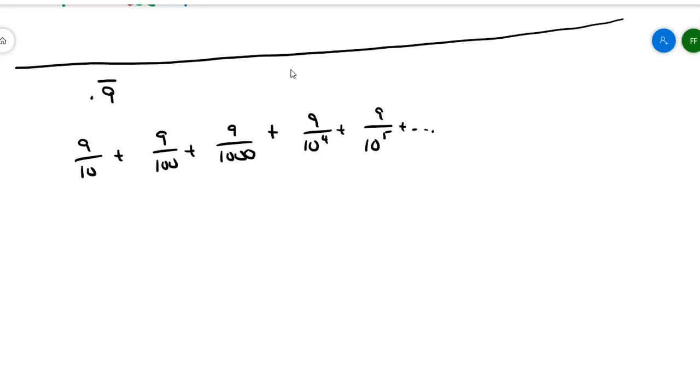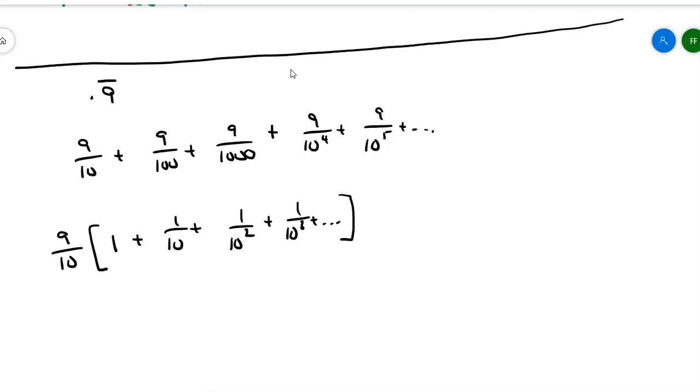Okay. Do the same thing we did before. Factor out that 9 tenths, and I'm left with 1 plus 1 over 10 plus 1 over 10 squared plus 1 over 10 to the third, and that thing just keeps going. Well, that thing on the inside here is a geometric series.